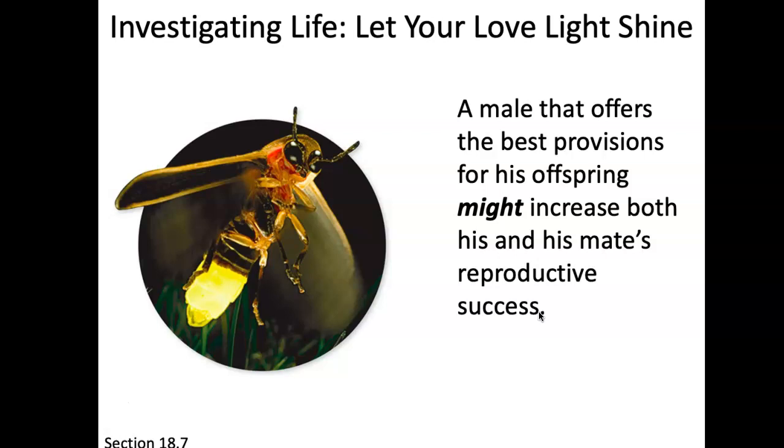The males flash, and the females pick the males. So this is sexual selection, where they're actually looking to see whether this male is good enough for them or not. And they both want to increase their reproductive success. So the male wants to advertise what a great male he is, and the female wants to be able to choose.